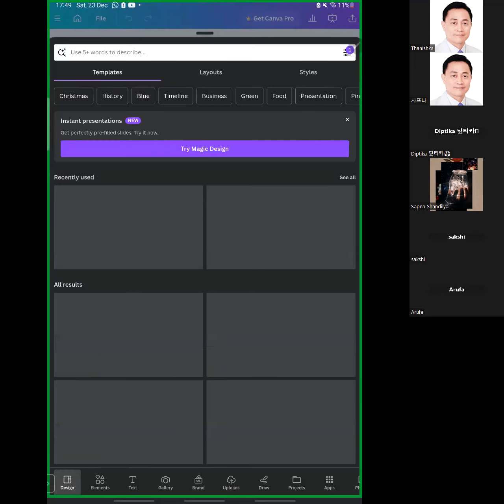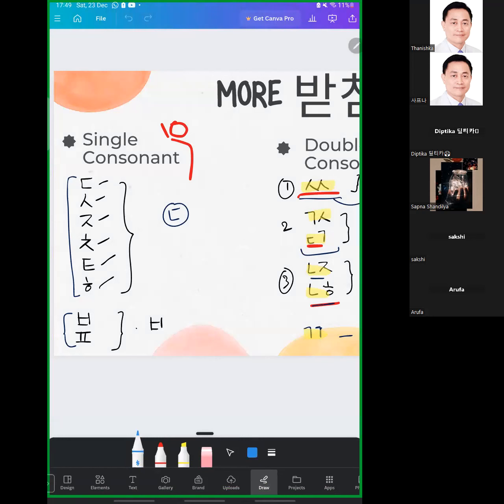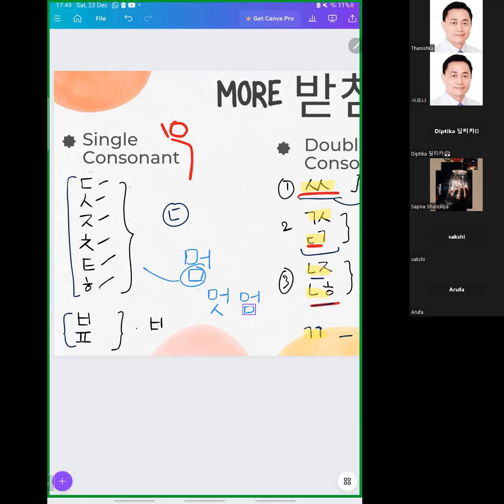In this example, the final consonant here is ma, right? It's not included in this list. So the sound it will make is ma only. So this will be pronounced as mom. For example, this is moth, but this will be mom. Only the consonants included in this list have this sound. The rest of them have the same sound of the alphabet itself.